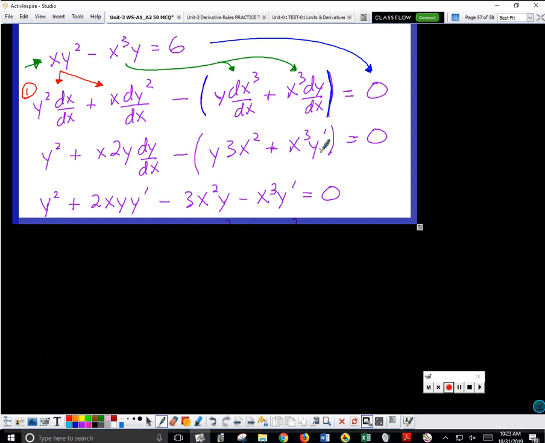I did what Mary said. I distributed the negative. That got me to here, step 3. Watching the pencil so I'm not going too fast.